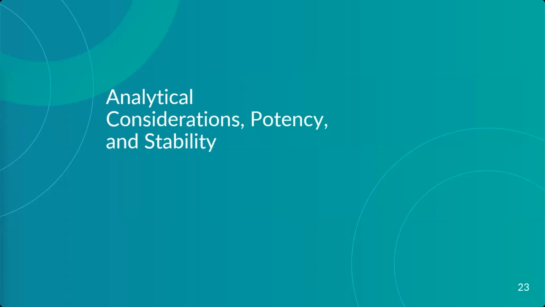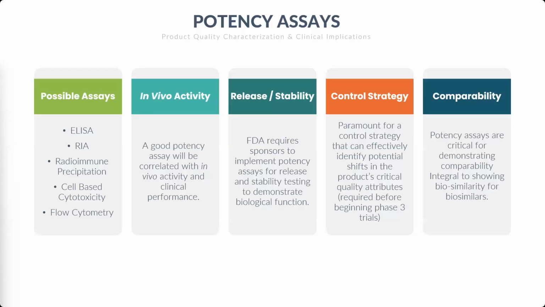Let's carry the conversation a little further into the analytical considerations of that potency and stability. So when you think about the potency assays here, you have a great deal of opportunity to evaluate different methods and processes for determining potency.